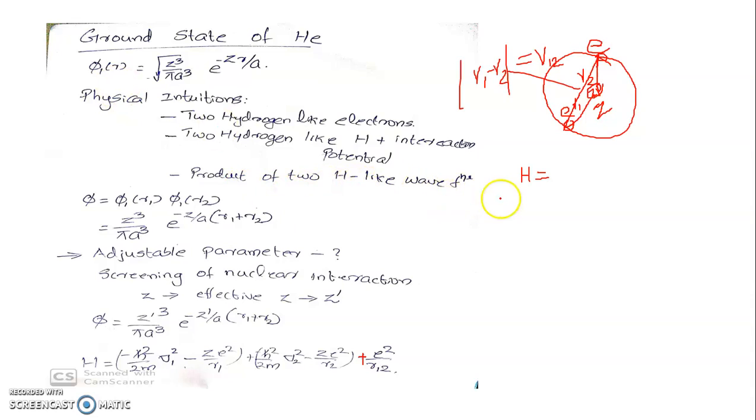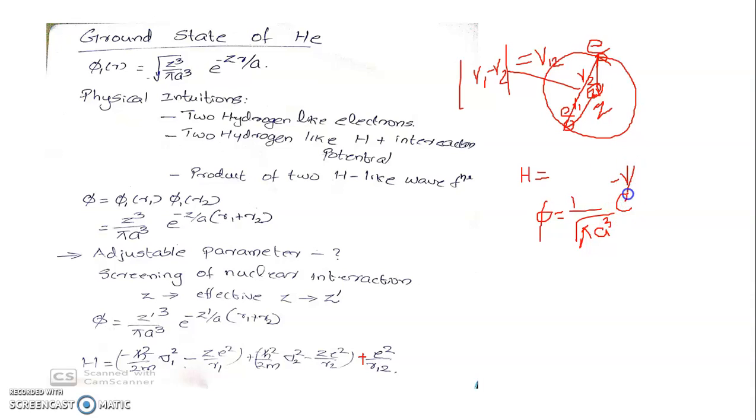We have seen the wave function representing hydrogen atom in the earlier problem as phi equal to, once it is normalized, a normalization constant 1 by square root of pi a cube, times exponential minus r by a, in the ground state.